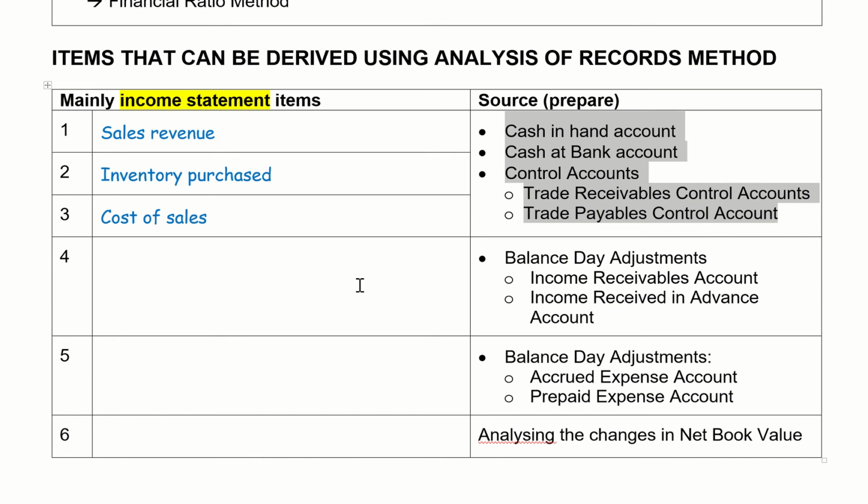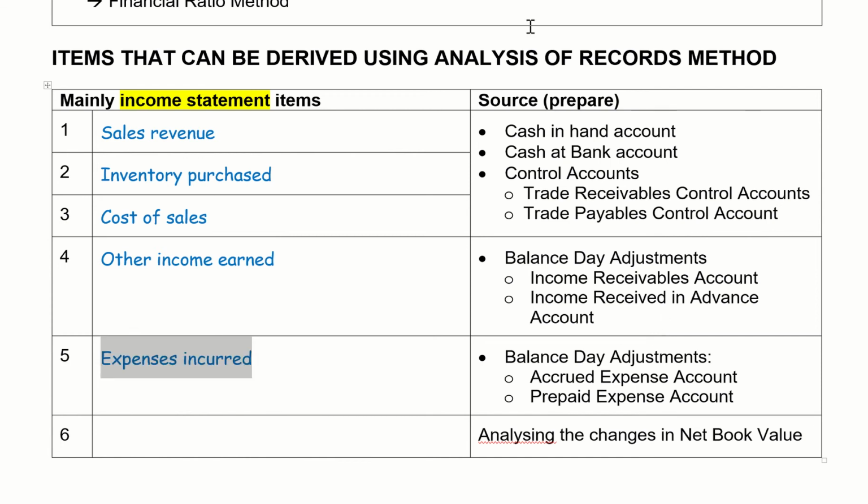Now, apart from that, what other income statement items are there? You will also be deriving other income earned in the next lesson, and that is mainly from your balance day adjustment, income receivables, income received in advance. You will also be deriving expenses incurred.